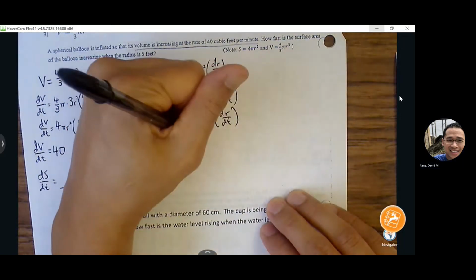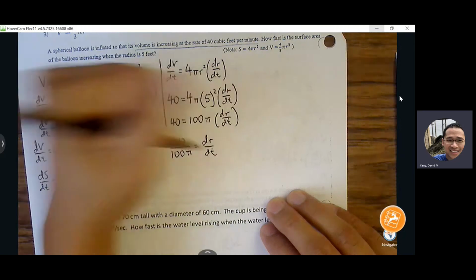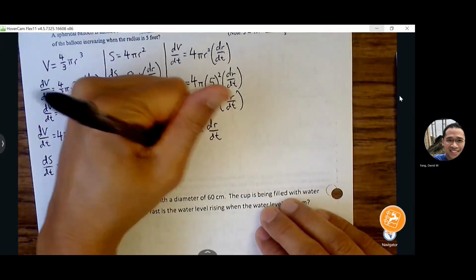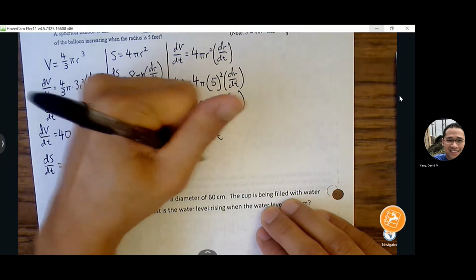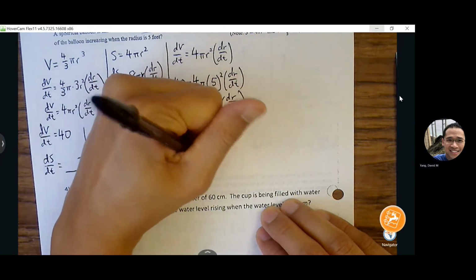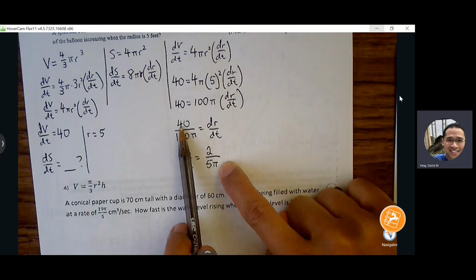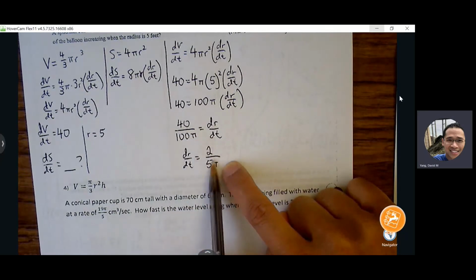Doesn't matter how you reduce the fraction, but the pi is not going to be moved from the denominator. Okay, does everybody see that? That 40 over 100 does reduce, but the pi doesn't move. It still stays in the denominator.